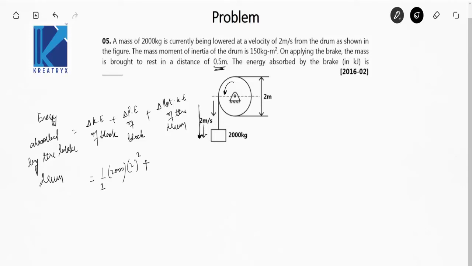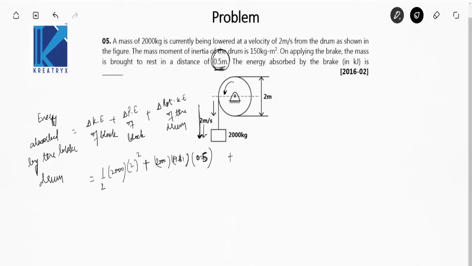Change in potential energy of the block: by what height is the mass brought to rest? It is brought to rest in a distance of 0.5 meters. So m is 2000, g is 9.81, h will be 0.5 meters, because in this 0.5 meter distance it is brought to rest, so this height will correspond to the change in potential energy of the block.